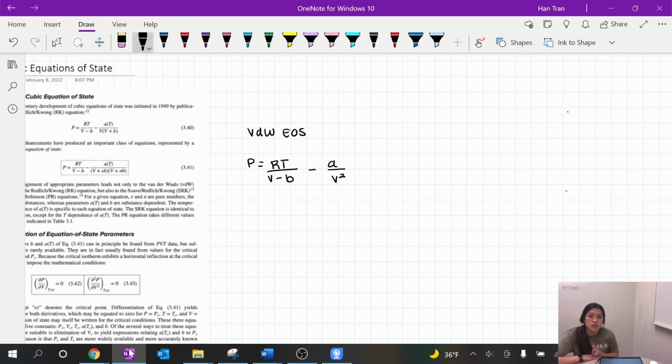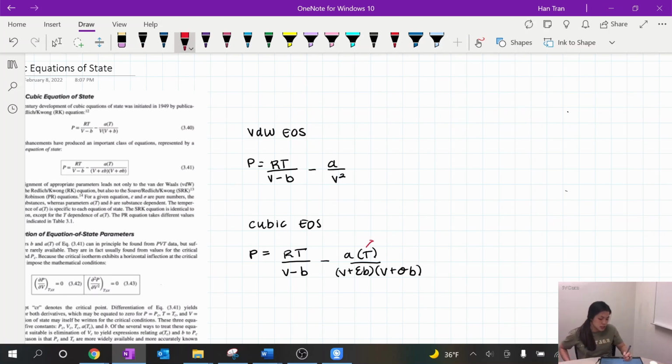So after van der Waals equation, many people wanted to improve upon this equation, and so there came the generic cubic equation of state, which is pressure equals the gas constant R times temperature divided by the specific volume minus the parameter B, minus the parameter A of T divided by the quantity of the specific volume plus epsilon B times the quantity of the specific volume plus sigma B. So some changes that we should know is this T here.